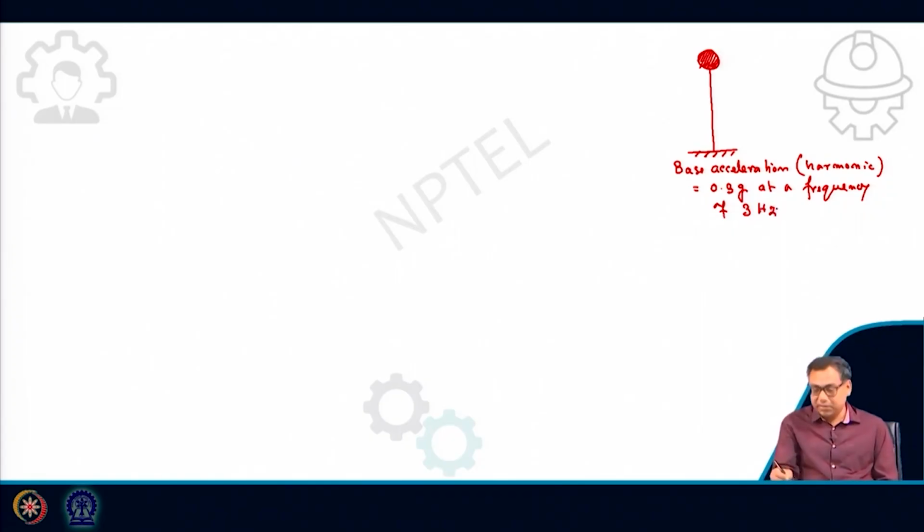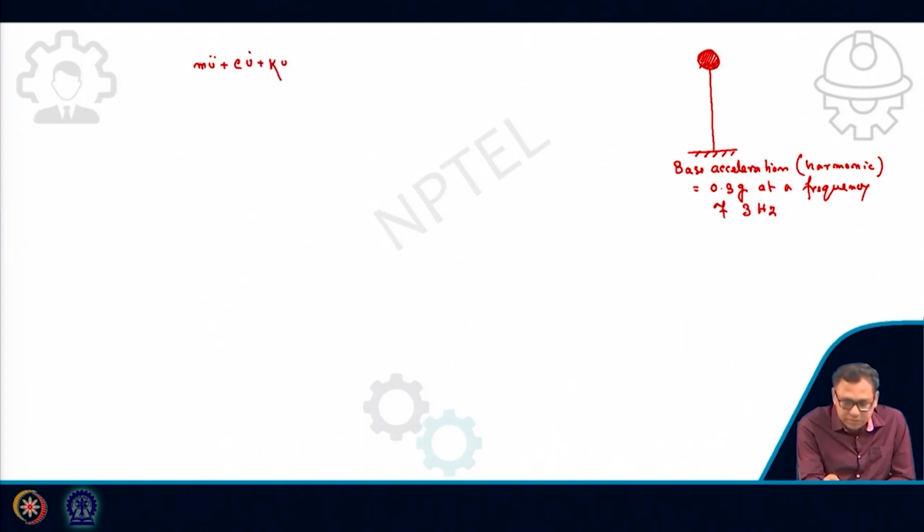So we apply a harmonic base acceleration of 0.3 g at a frequency of 3 Hz. So this is the loading frequency, the base acceleration that we are applying.